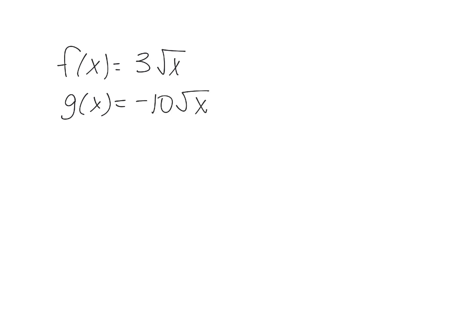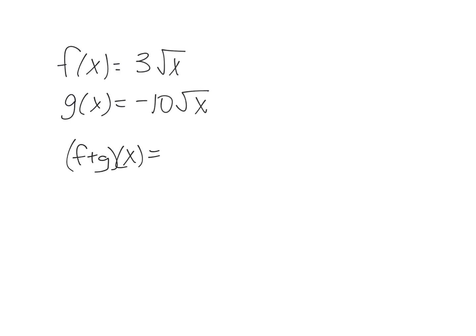Okay, so we've been going over 5.5 and understanding how to use functions, like different operations on functions. So what we're doing is understanding that if I give you a function f of x equals 3 square root of x, and I get a function g of x, and it is negative 10 square root of x, and if we have to add those two functions together, they're going to do something like this, almost like a shorthand.